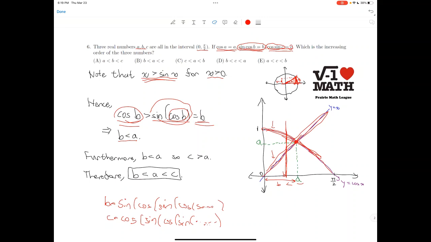Now note that C is just the cosine of this expression here, and this expression here is B. So C is equal to cosine of B.